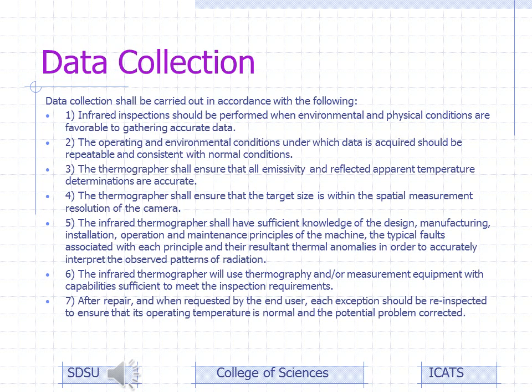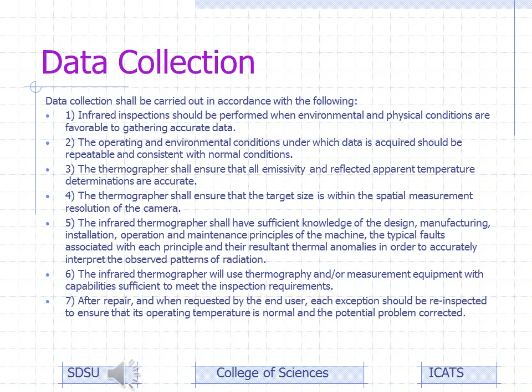Okay. 2. The operating environmental conditions under which the data is acquired should be repeatable and consistent with normal operating conditions. 3. The thermographer shall ensure that all emissivity and reflected apparent temperature determinations are accurate. 4. The thermographer shall ensure that the target size is within the spatial measurement resolution of the camera itself. 5.